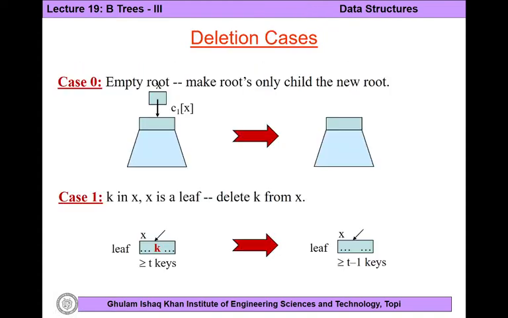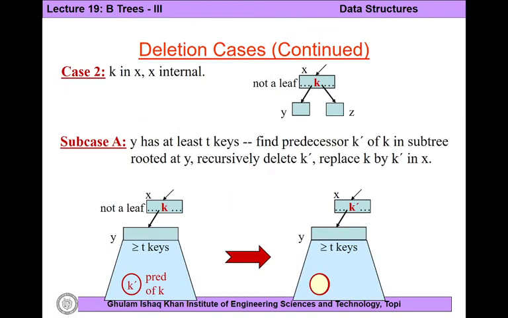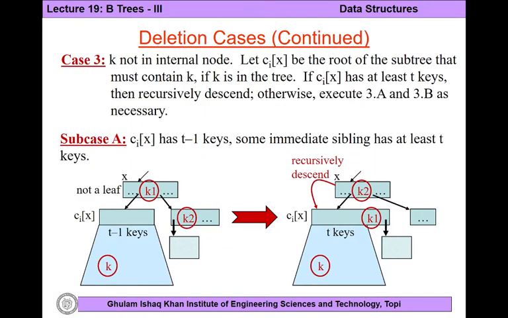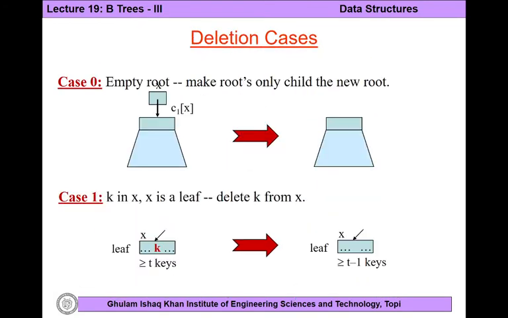So there are 4 cases in total. Actually these are numbered as 0, 1, 2 and 3. So in total there are 4. The first case is that we have an empty root. I will shortly do a dry run over an example. So in an empty root, there is a root, but the root does not contain any value. It occupies memory, but there is no value. Obviously if a node has 0 keys, then it will have 1 child.